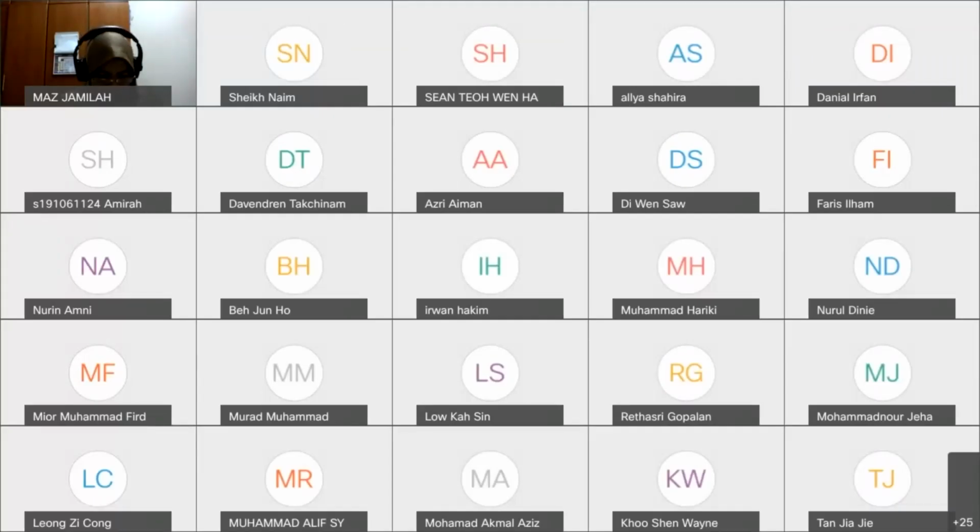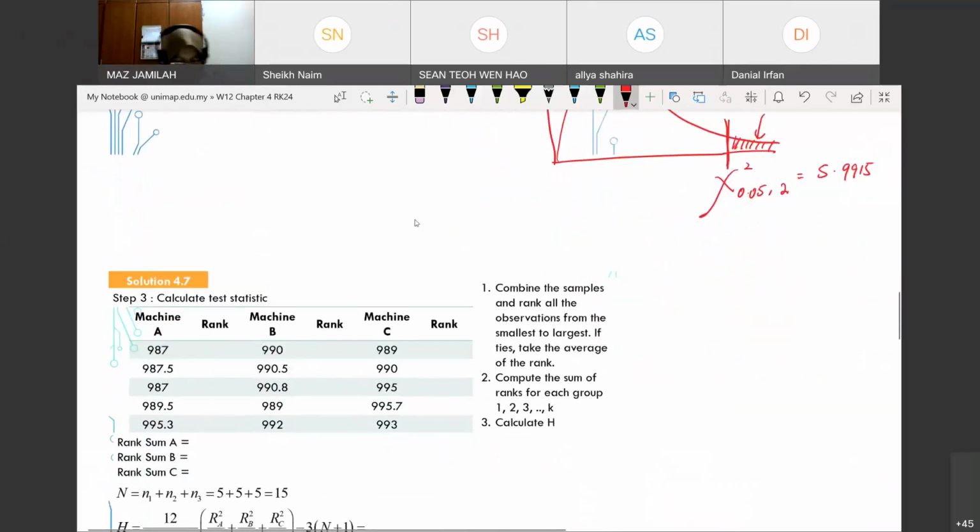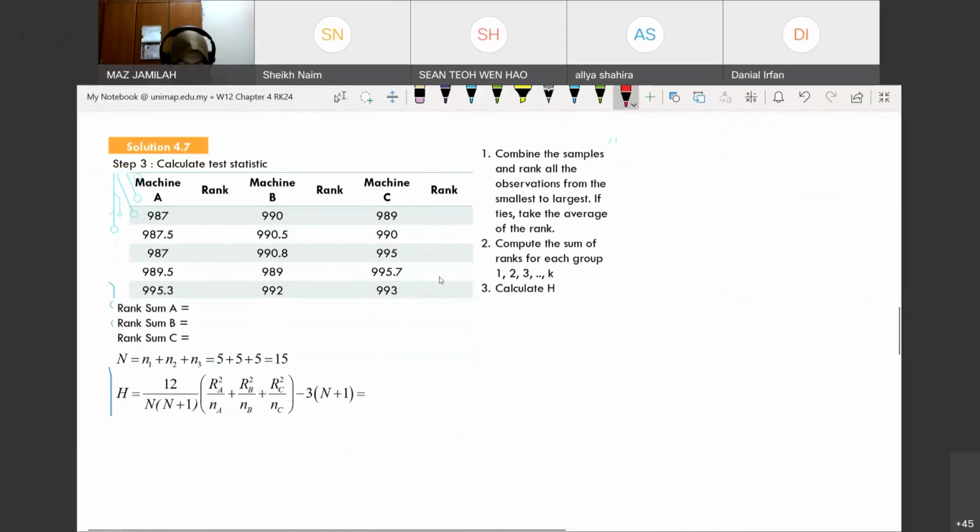Now, let me share with you the slide again. Since we have identified our critical value, we move to step 3, which is to calculate the test statistic. In this step, you assume that you combine the samples and rank all the given observations from the smallest to the largest.